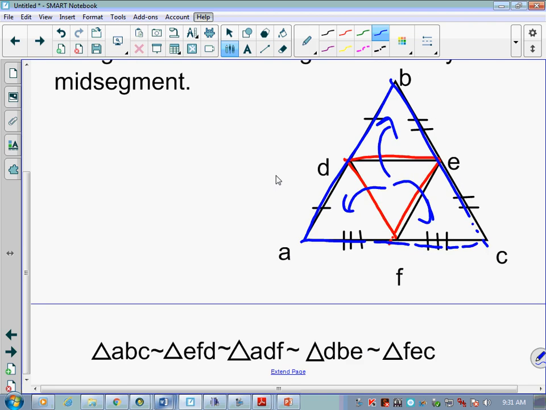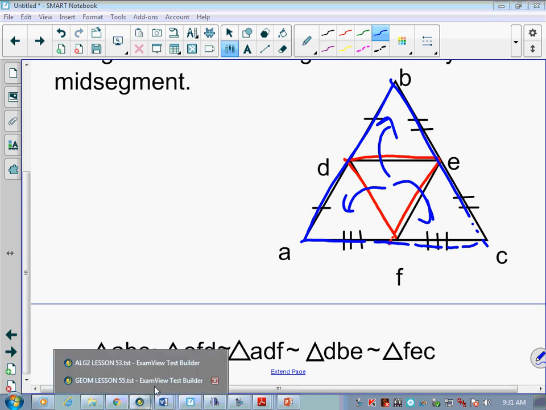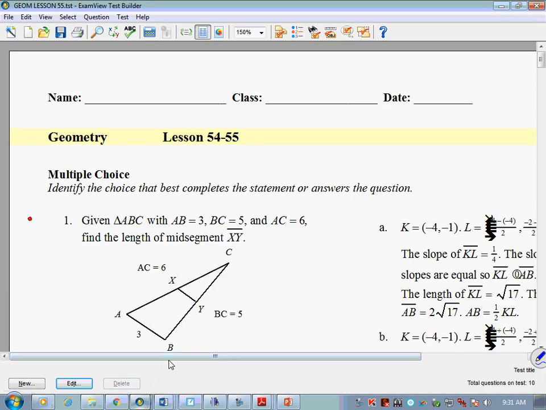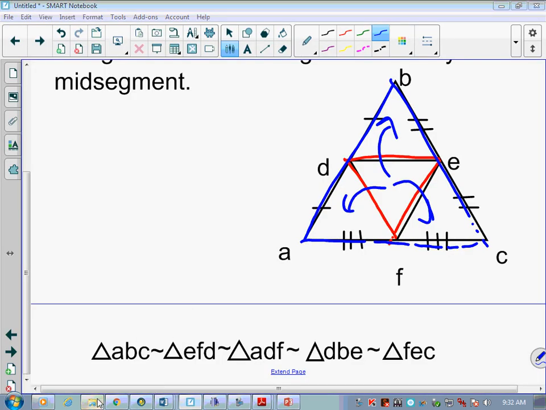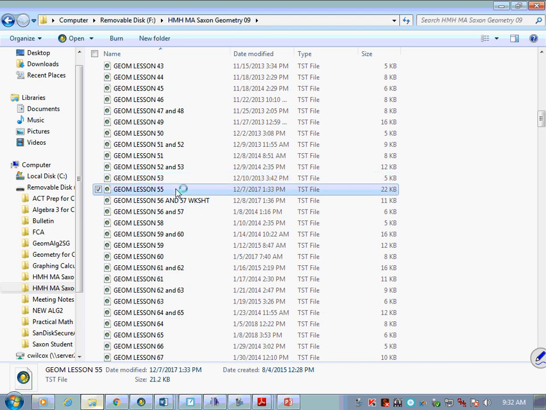So we wind up with this statement: triangle ABC is similar to triangle EFD, is similar to triangle ADF, is similar to triangle DBE, is similar to triangle FEC. All right, from here, let's look at some of our work. Oh my, it's gotten all discombobulated on me. Let's go in here and fix this.